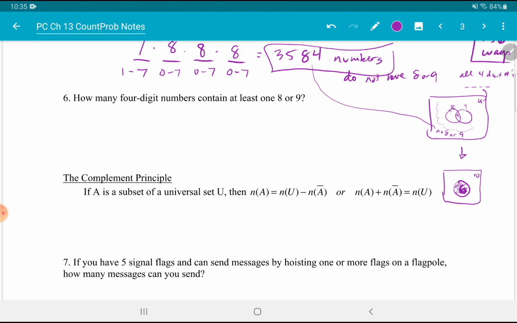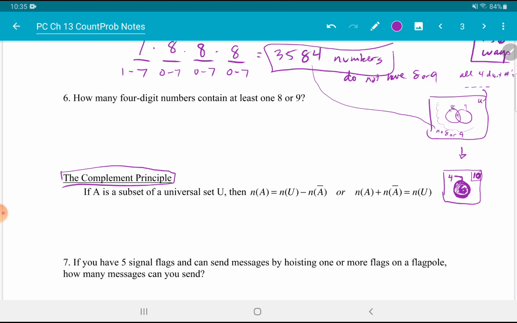Then we know that if 6 things occupy this space, well, then that must mean that only 4 things occupy the rest of that space, because that's all that's left over. Okay? If we have a total of 10, then the 2 items must add up to give you your actual total number. If 6 things actually exist within this spot, you got 6 items in that Venn diagram, then that must mean outside of that, you must have 4 items. That's what we call the complement principle, because they complement each other.